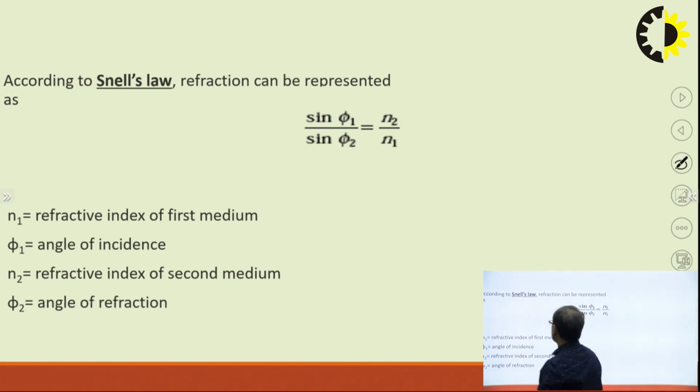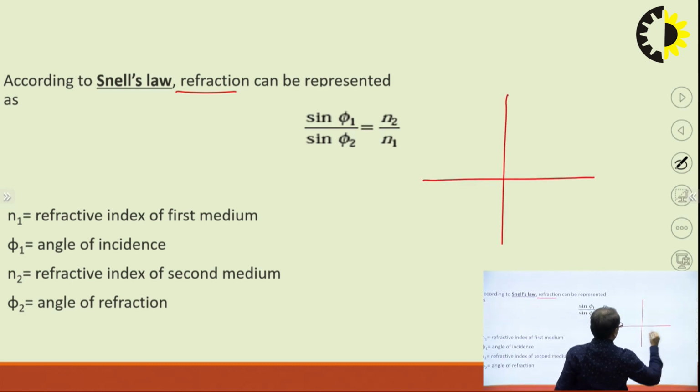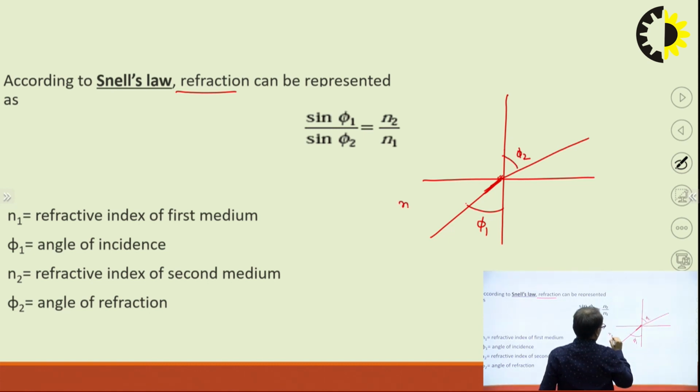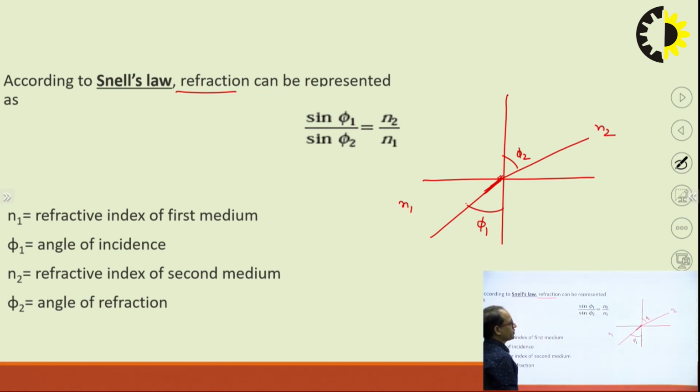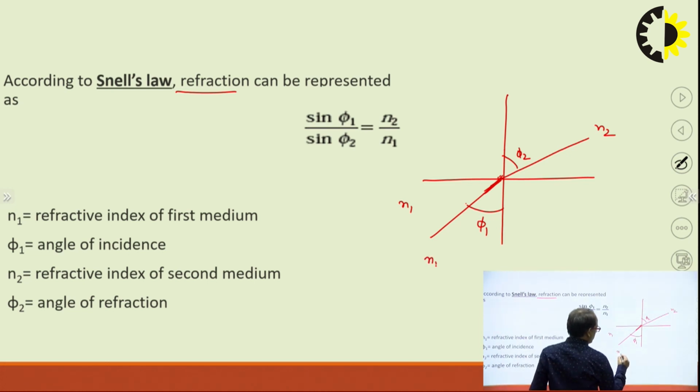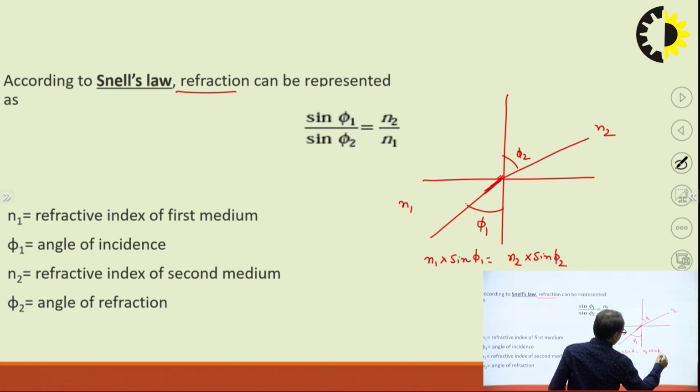Now, according to Snell's law, in the law of reflection, which states that n1 multiplied by sin phi 1 is equal to n2 into sin phi 2.